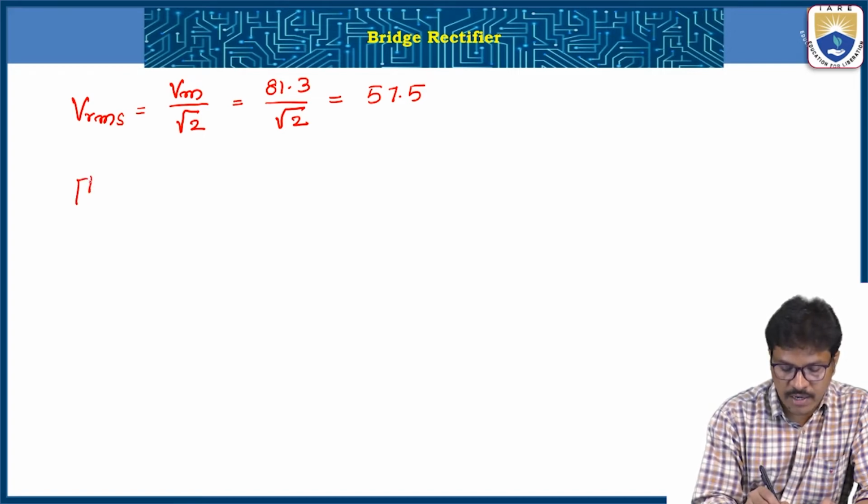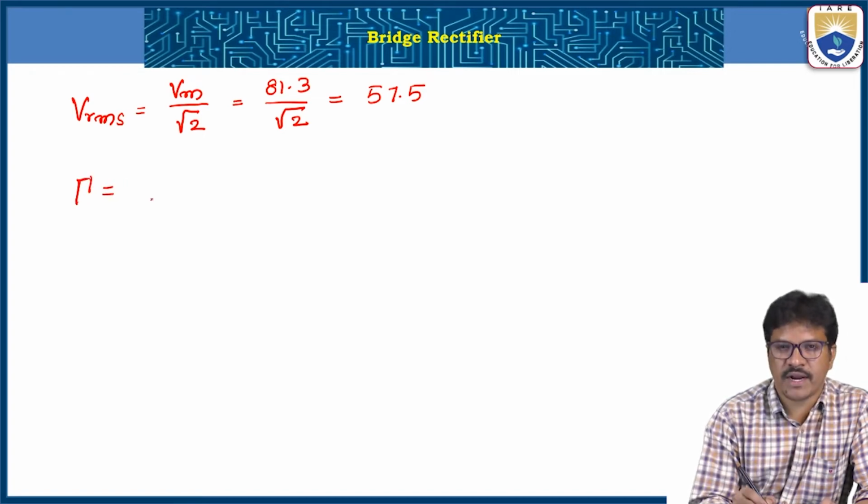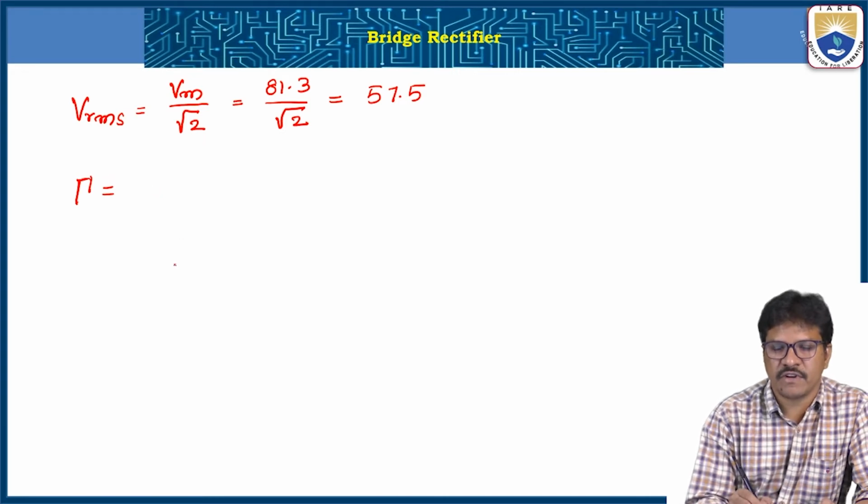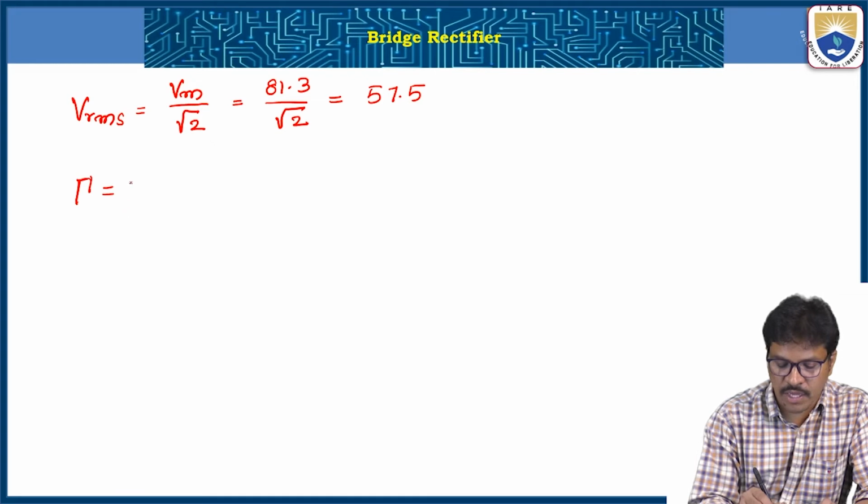Then the ripple factor. Basically the ripple factor is by definition the ratio of VRMS by VDC, or in other words, another equation: square root of (VRMS by VDC) whole square minus 1.